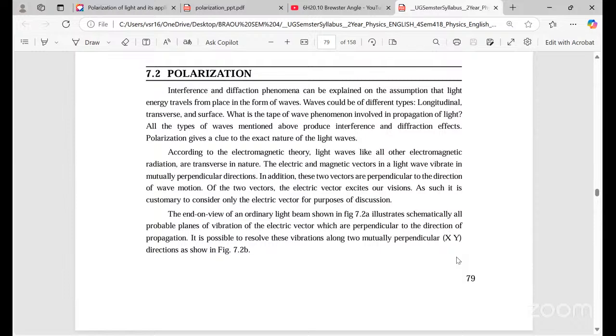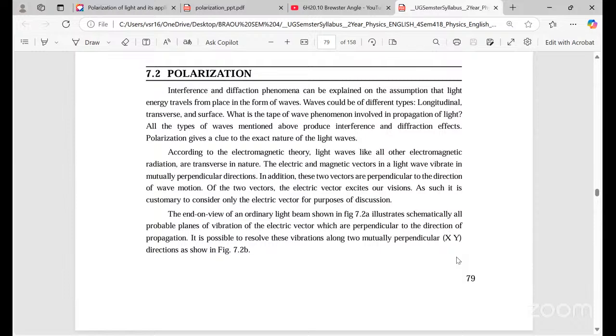So the question is what type of wave phenomenon is involved in light. All the types of waves mentioned can produce interference as well as diffraction. But polarization gives a clue to the exact nature of light waves.